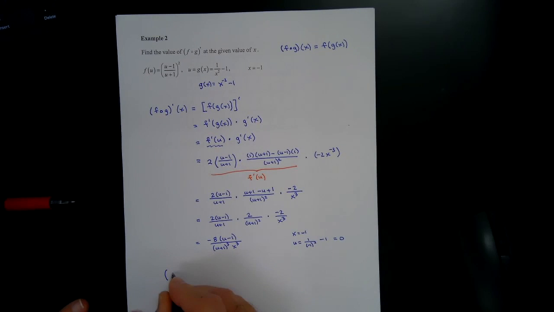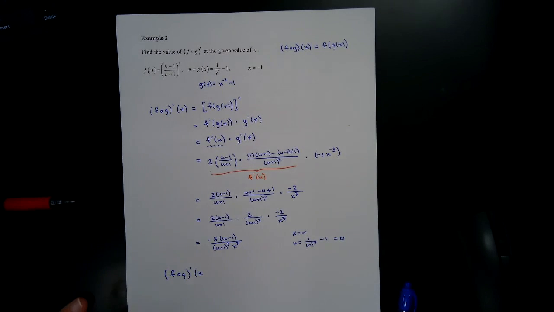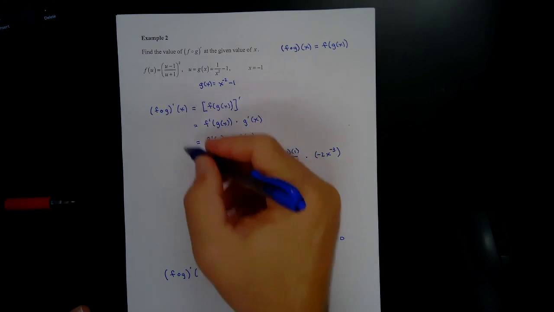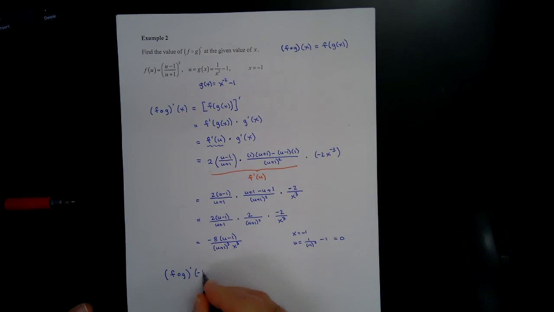So what does all this mean? This means f of g prime of x, not at x. We're going to find it at -1. We're finding a specific value, not the formula, okay? We just found the formula. So f of g prime of -1 is equal to -8 times 0 minus 1 over 0 plus 1 cubed times -1, because x is -1, not 0, cubed.